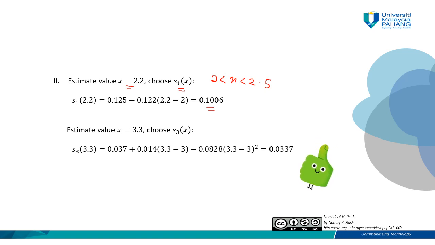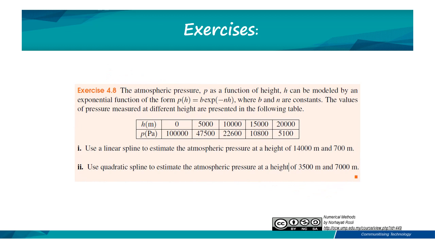Next one, x equal to 3.3. 3.3 is in between 3 and also 3.5. So we will choose S3. Substitute 3.3 into our equation and we will have S3 equal to 0.0337.